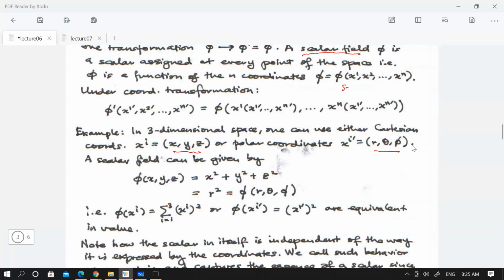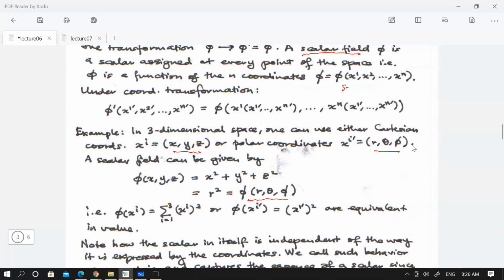which is the same form in its function, what I call its function description. Okay, so x squared plus y squared plus z squared. So this is in the Cartesian coordinates. But if you really think of what this is in terms of spherical polar coordinates, this is r squared. Okay, so this r squared is really a function of a different set of coordinates.